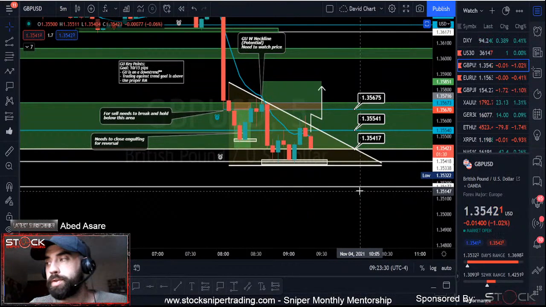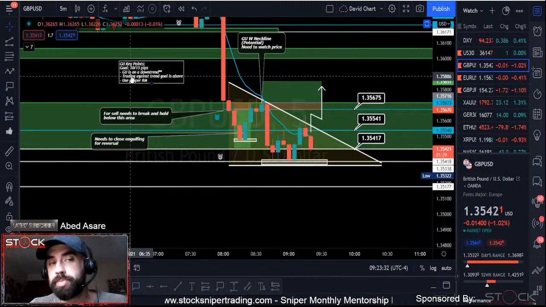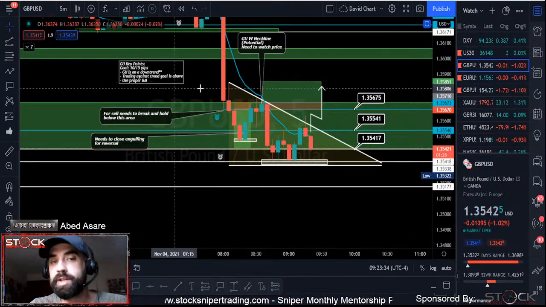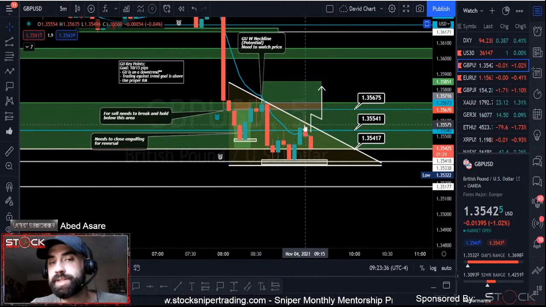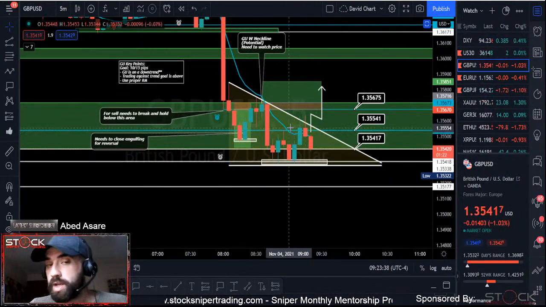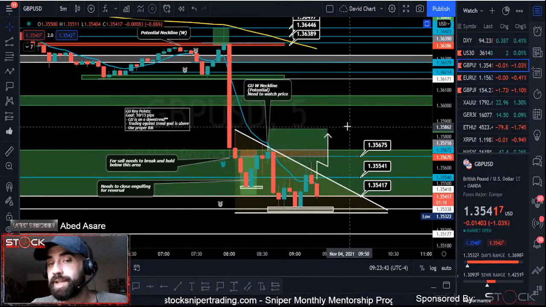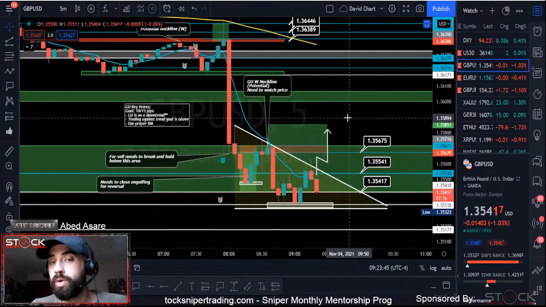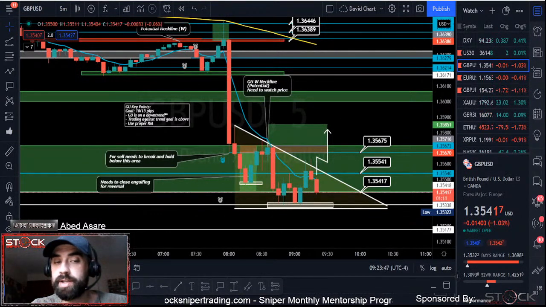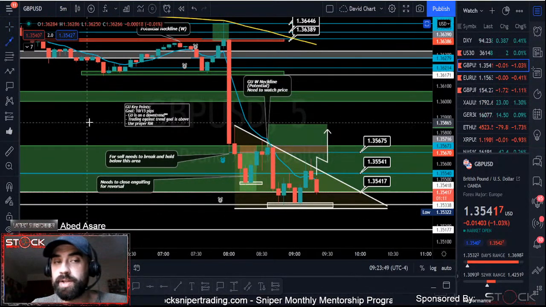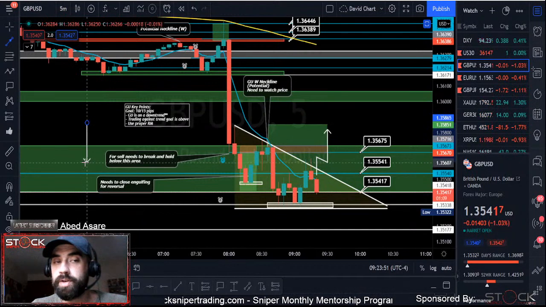Price is overall trendy because it's bearish. GU downtrend. Heavy resistance, so no pullbacks have really followed through. Guys, what we're looking for is a pullback to null, which means to negate the lower high and lower low, which is an uptrend. Price has been selling off, right? Over here.